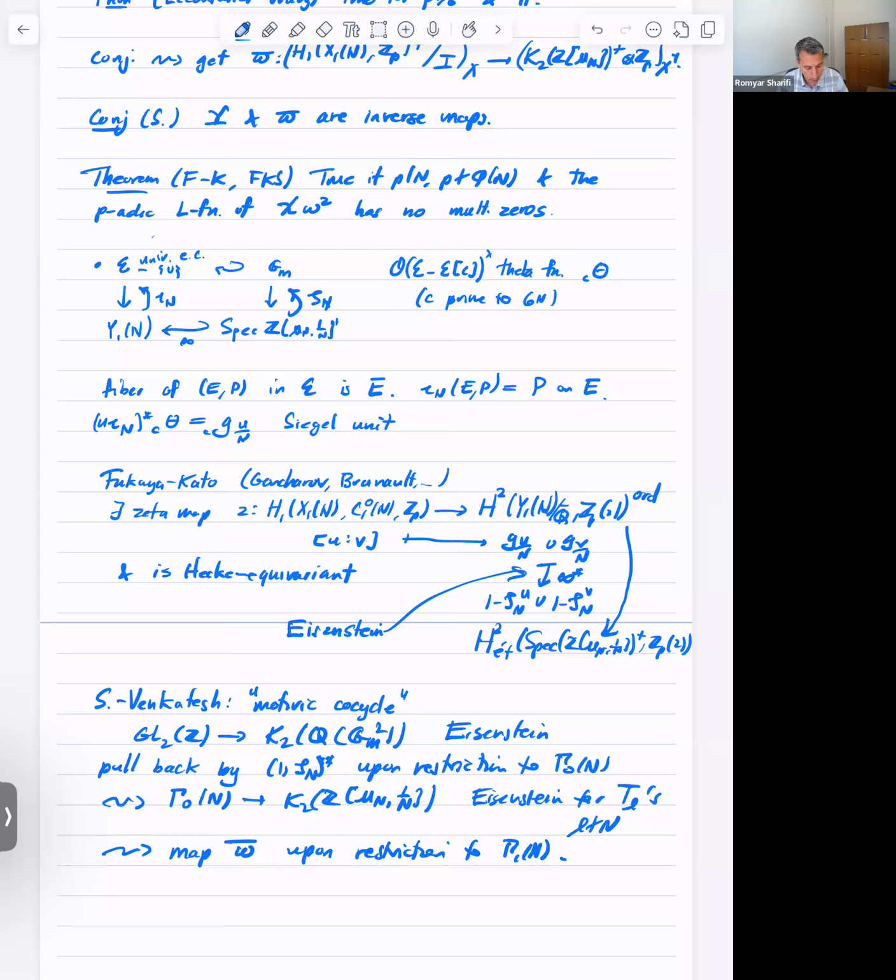So for instance, I posted on arXiv, I think it appeared last night, a paper constructing such a map and showing it's Eisenstein away from the level for Bianchi spaces and K2 of ray class groups of imaginary quadratic fields, where the idea should be, although it's not done explicitly in there, that a symbol on Bianchi space goes to a Steinberg symbol of elliptic units, which can't really be done explicitly, as I was saying, because we don't have any obvious relations like Steinberg relations among the elliptic units. Okay, thanks.